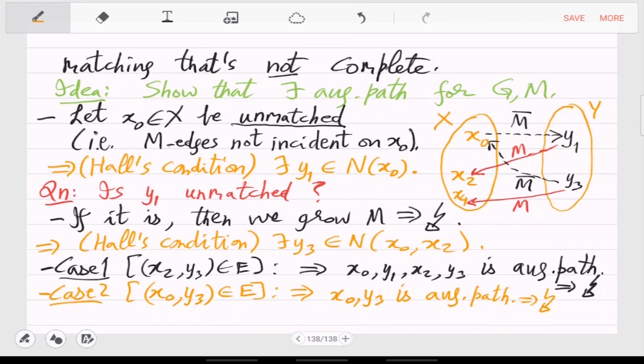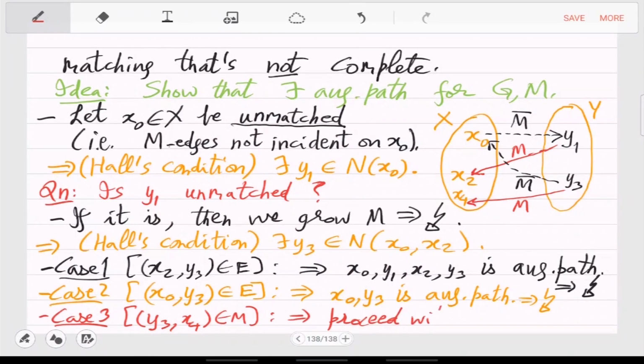Or in case 3, x4 exists, y3, x4 is in the matching. So in this case, you just proceed with the path. And ultimately, you will get a contradiction, like case 1 or case 2.